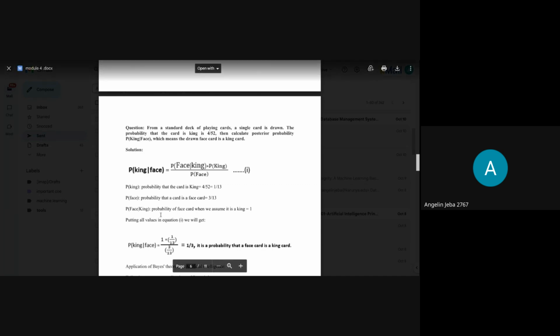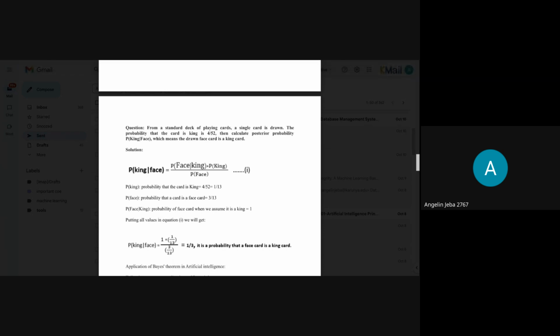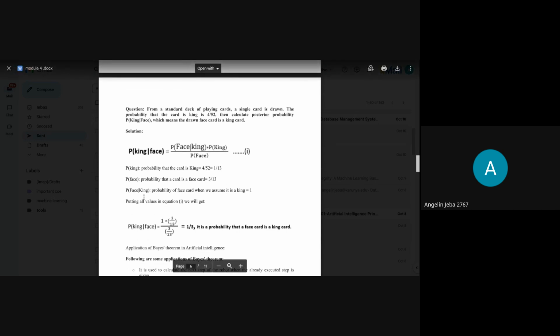The probability that a card is a face card is 3 by 13, and the probability of face given king is 1, since we assume it is a king. Putting all this in the equation, we get the probability of king given face is equal to 1 into 1 by 13, divided by 3 by 13, which is equal to 1 by 3.